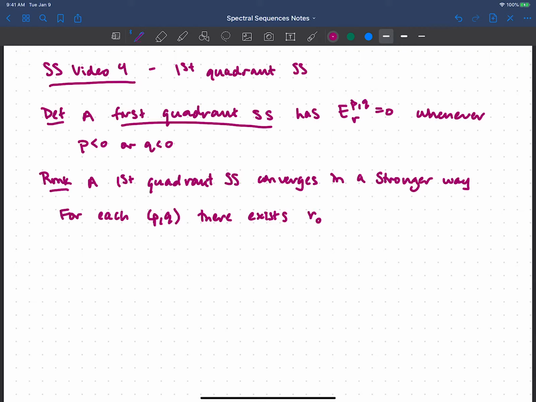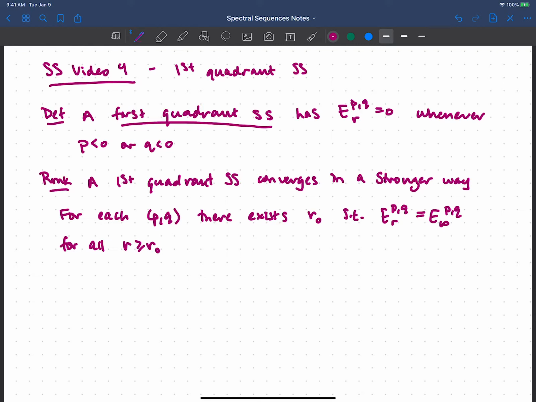So there's an r_0, depending on p,q, such that the p,q spot on the rth page is the same as the p,q spot on the infinity page, for all r past r_0. So you go to each spot, and it's not just that the differentials out are eventually zero, but that spot completely stabilizes.